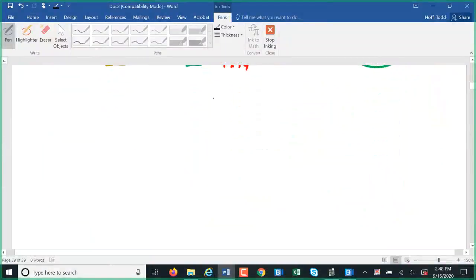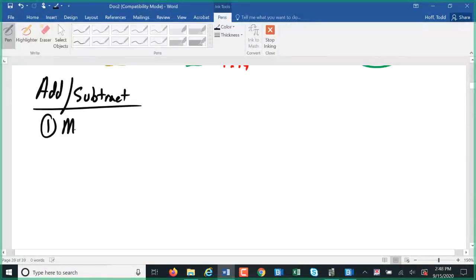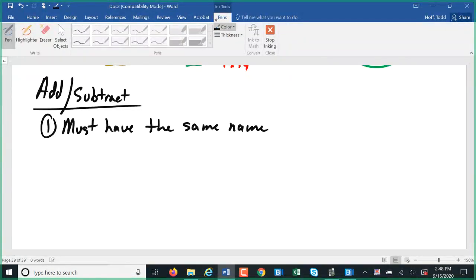Well, let's look at our operations with our decimals. Remember when we add or subtract, one is we must have the same name. Well, we mentioned this a couple weeks ago for decimals.